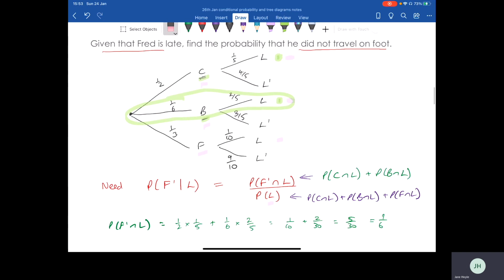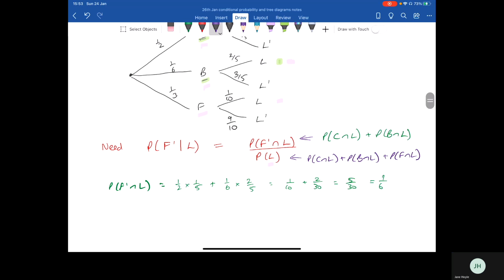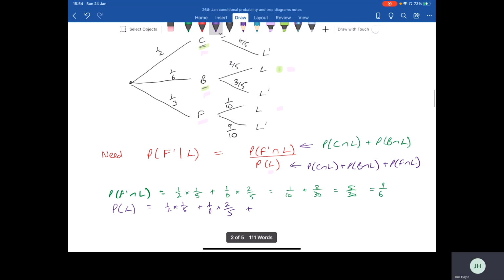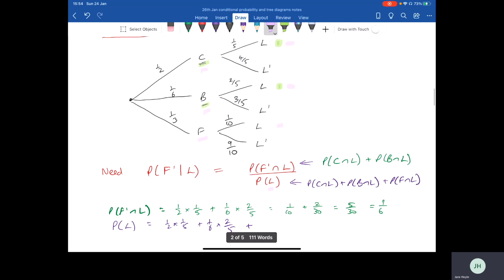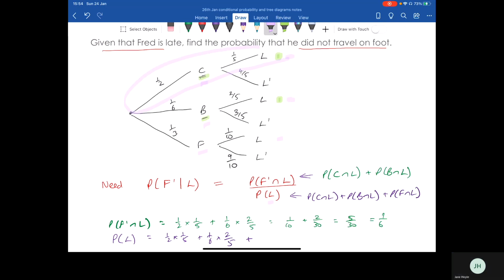So now we want to work out the probability of the purple ones. The probability of him being late is equal to the two options that I've just previously worked out, the one at the top and that one there.